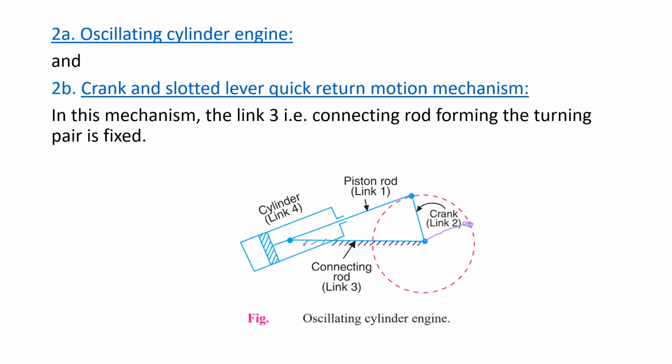Okay, as the cylinder is pivoted, pinned here, what will happen to the cylinder? The cylinder has to change its orientation like this. So the cylinder will oscillate. It will oscillate about this point because the cylinder is pivoted at this point. As this piston and piston rod move into the cylinder, the cylinder will oscillate.